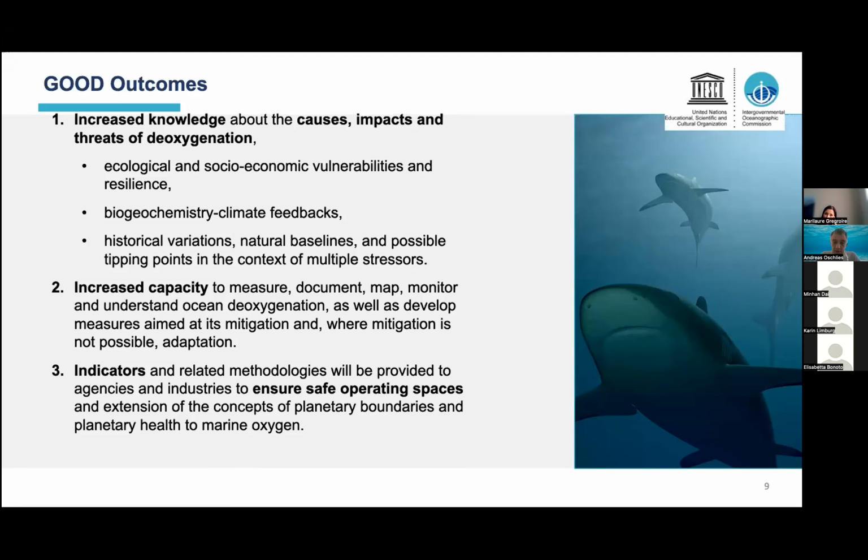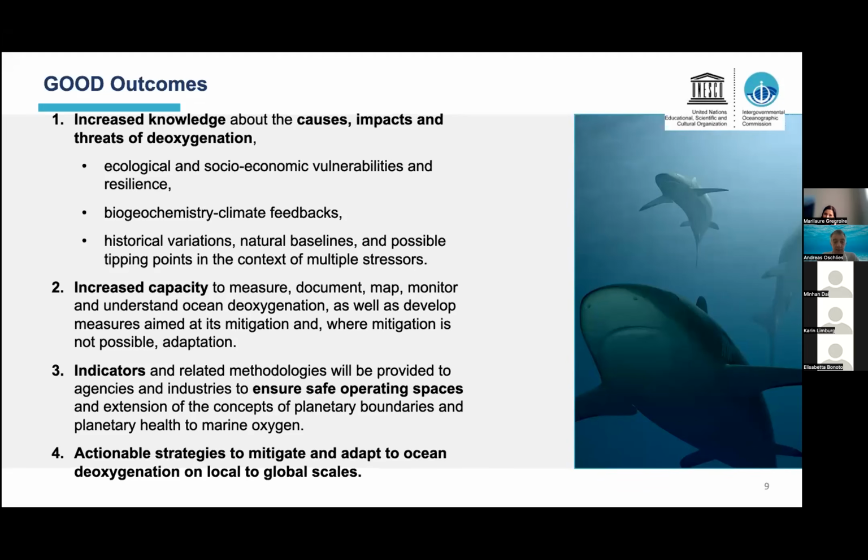And we want to develop these indicators that help us to have early warning systems and to ensure safe operating spaces for society to help maintain ocean services. In the end, this should lead to actionable strategies to mitigate, and whenever mitigation is not possible, to adapt to ocean deoxygenation on local scales, but also globally.